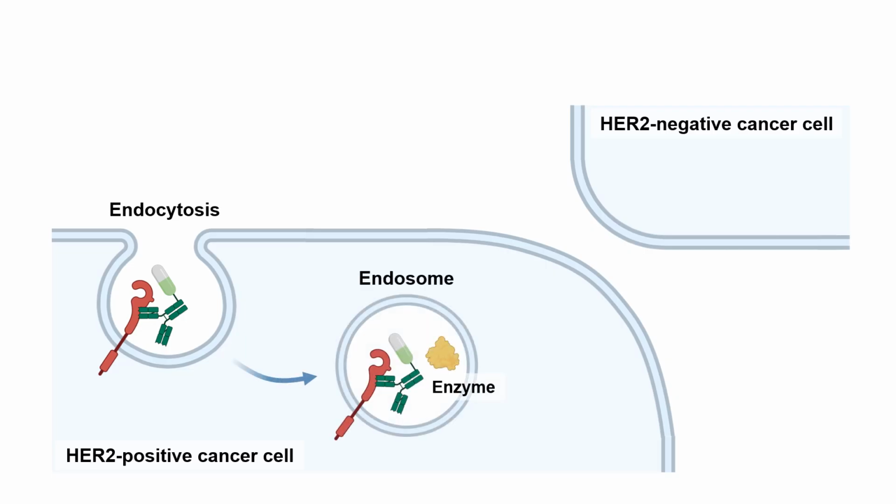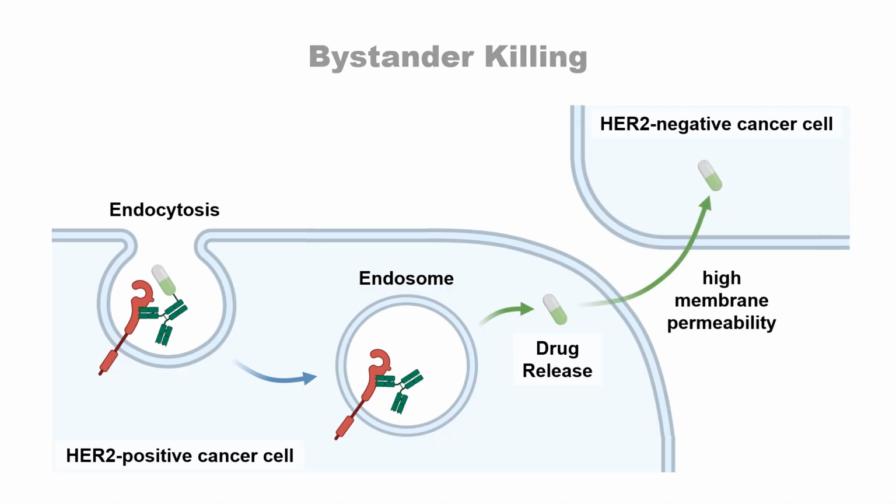And in the endosome, the drug can be released enzymatically or chemically. If this drug has reasonable penetration property, it can be transferred to the negative cell, and by this kind of bystander effect, it can also kill the HER2 negative cancer cell together.